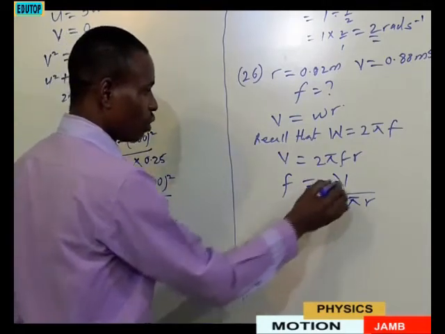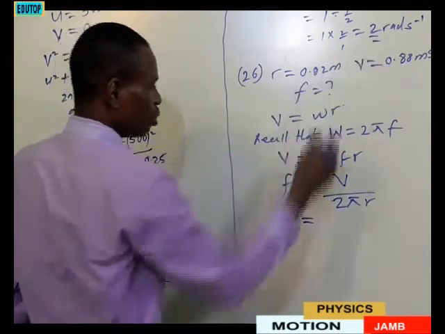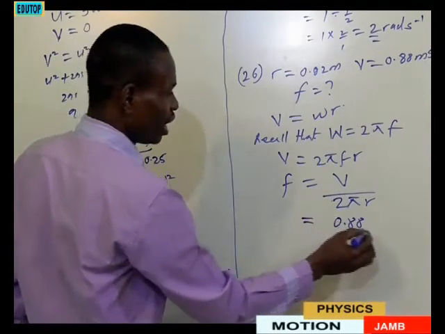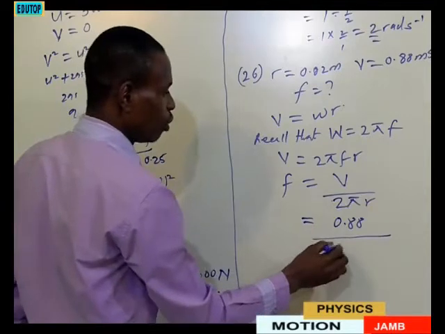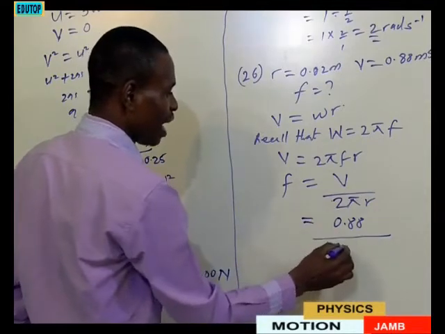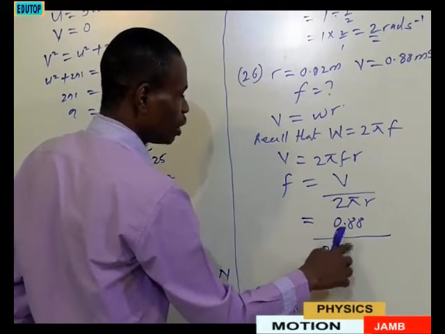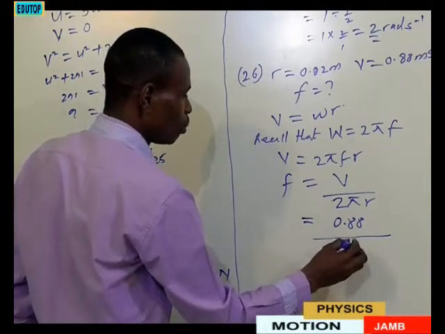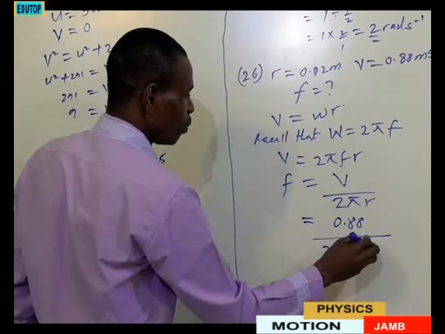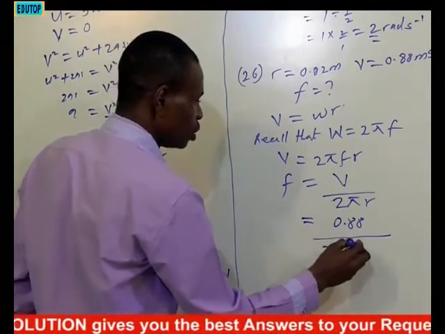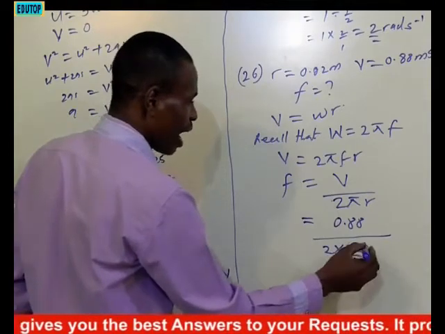And this is equal to, for our v, we have been given 0.88 divided by 2. The value for pi is 3.142, or let's make use of 22 over 7, 22 over 7 for pi.